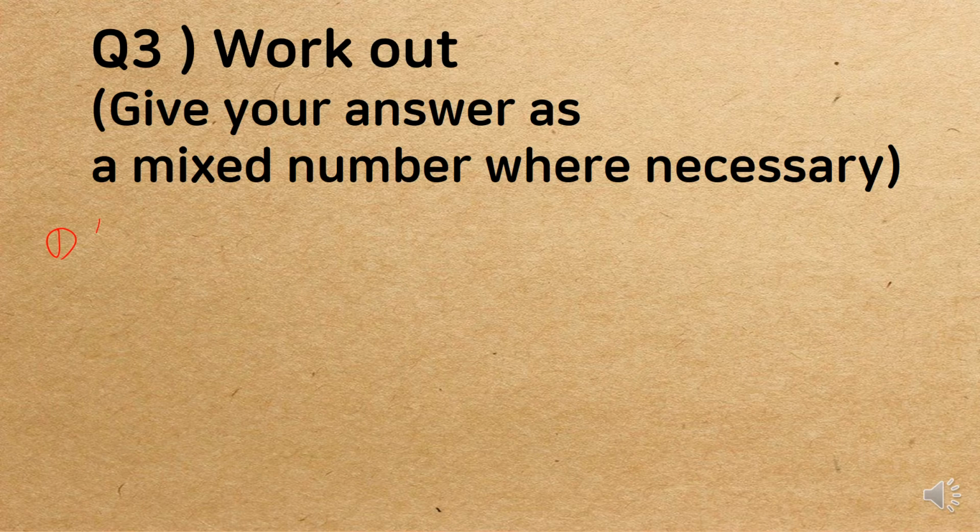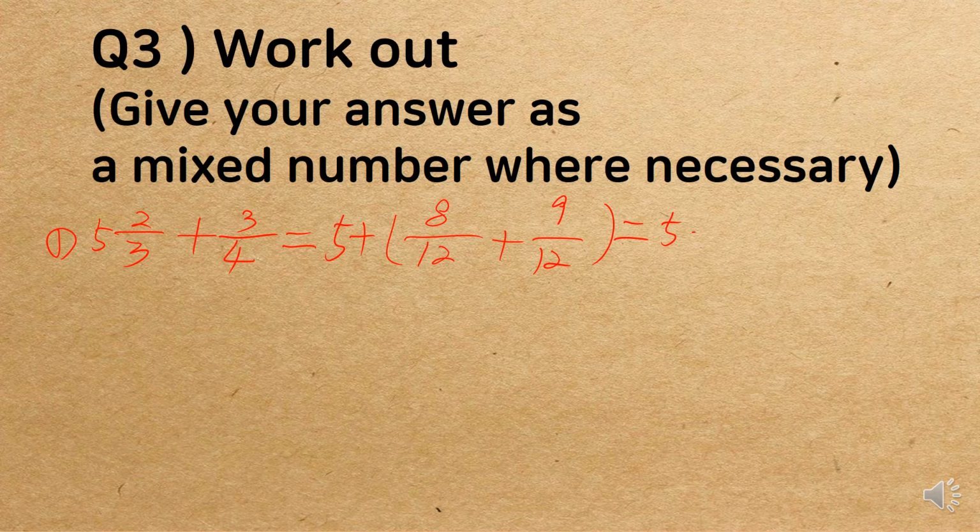First one, 5 and 2/3 plus 3/4. 5 plus, the common denominator is 12. 8 plus 9 equals 17/12. 5 plus 17/12 becomes 6 and 5/12. So the final answer is 6 and 5/12.